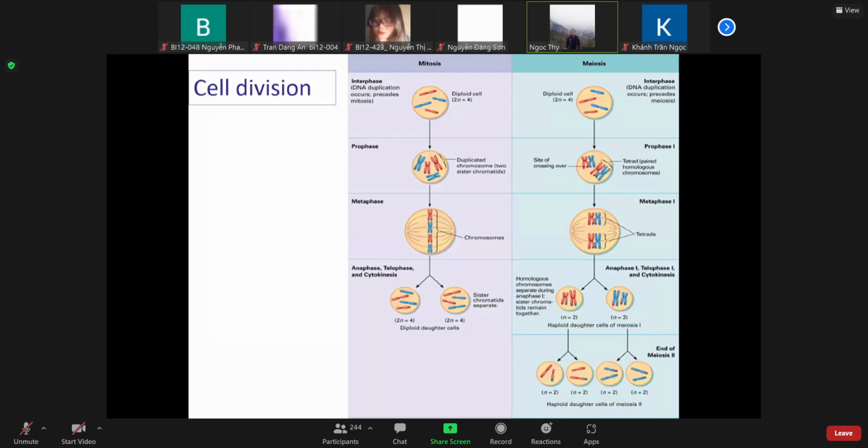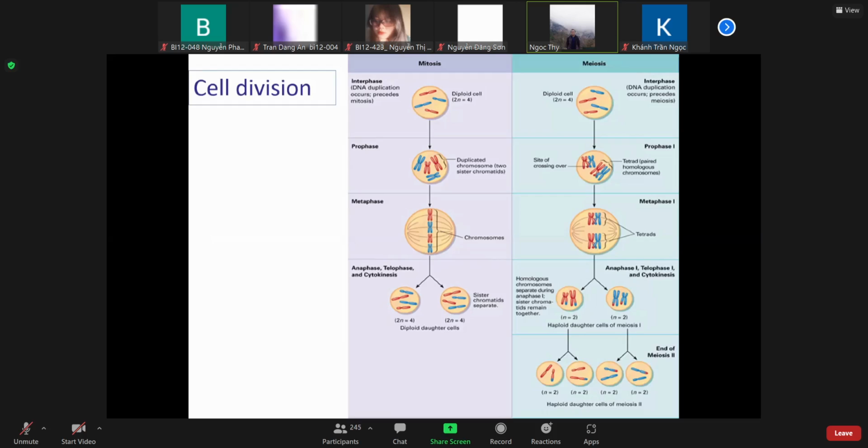So in mitosis, one cell passes through one time the DNA is duplicated, and one time the cell is divided. As a consequence, from one mother cell we get two daughter cells with genomes exactly like the mother cell.